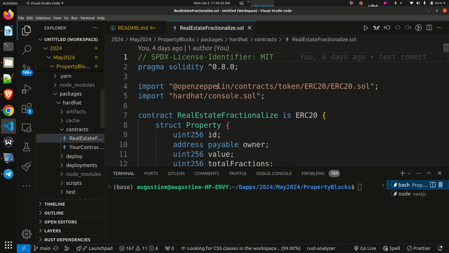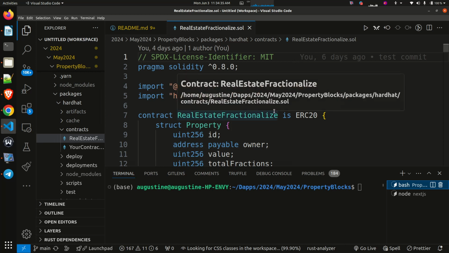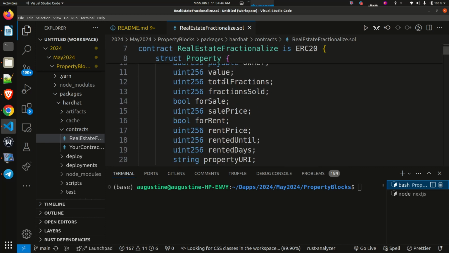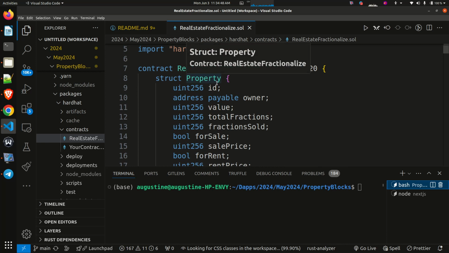This is the real estate fractionalized.sol contract. In this contract we use a struct to capture the property in question. The struct holds the ID of the property, the address of the owner, the person registering the property, the value at the point of registration, and the number of fractions you want the property to be divided into.